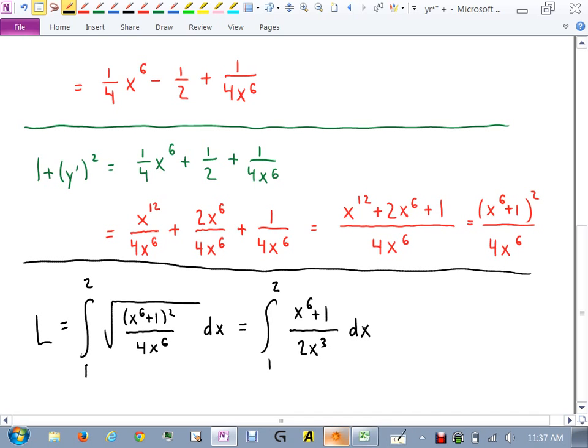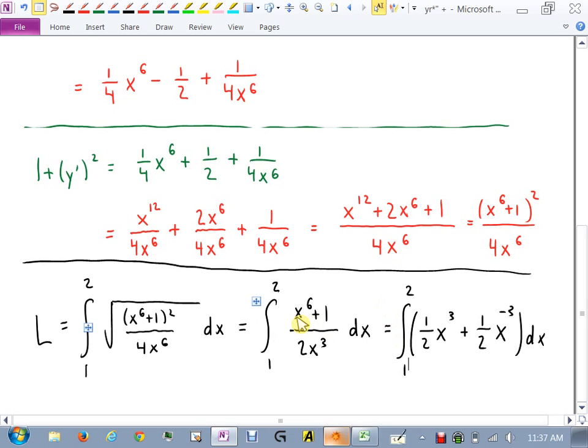How would you do that? Split it into two separate little terms, right? X to the 6th over 2x cubed, 1 over 2x cubed. So I'd be looking at something like this. Integral 1 to 2, 1/2 x cubed plus 1/2 x to the negative 3 dx.